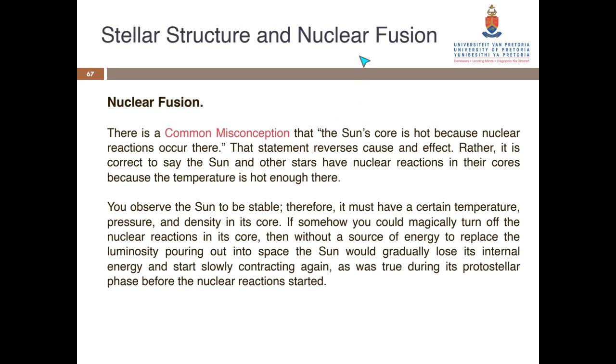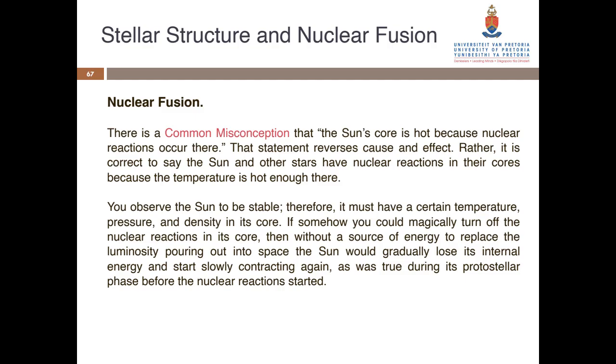There is a common misconception that the sun's core is hot because nuclear reactions occur there. That statement reverses cause and effect. Rather, it is correct to say the sun and other stars have nuclear reactions in their cores because the temperature is hot enough there.